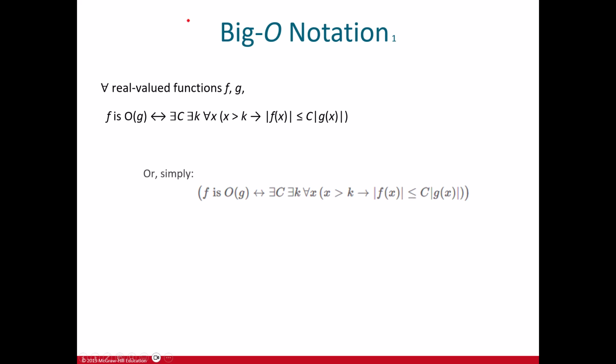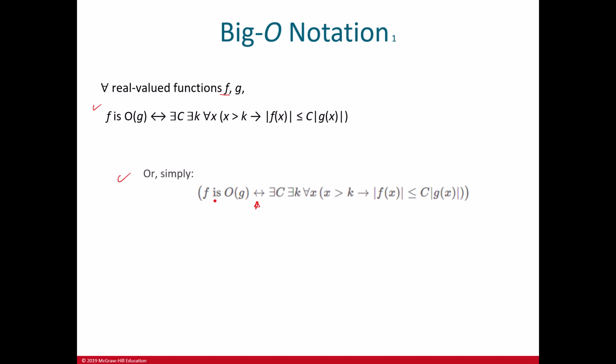Here's the rephrase of the definition. This is the first one, and this is the second one. This is a second order quantification over functions, but I'm going to follow the second one, which is really simple. This is the equivalence relation, so this is when we define something.